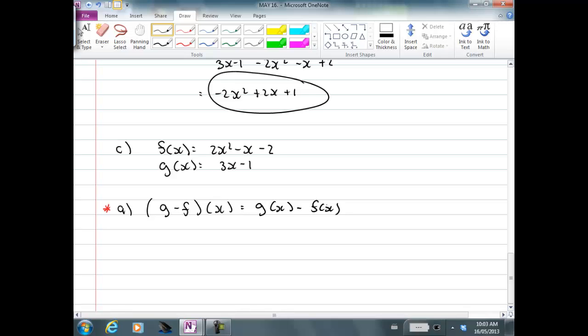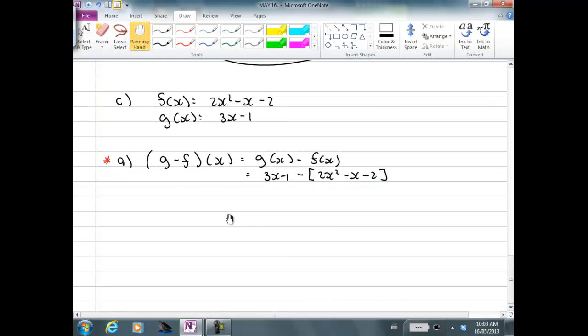So now, to save time, I'm going quickly. This will be 3x minus 1 minus, again, I'm using open brackets, 2x squared minus x minus 2. And if you did this correctly, Pawan, what's your final answer?